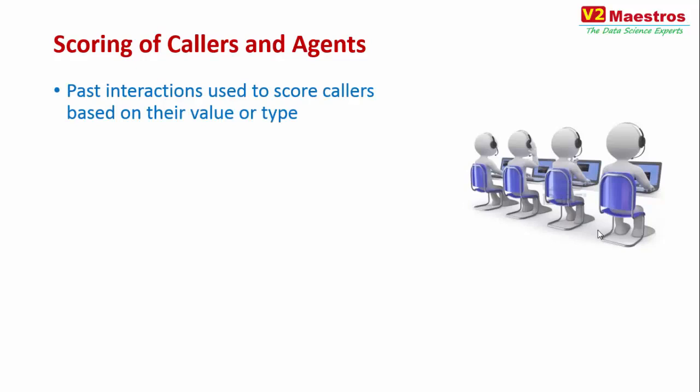Past interactions are used to score callers based on their value in terms of how much the business value is, what type of caller they are, and how much business they have already done with the company.